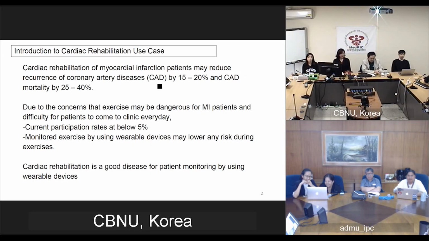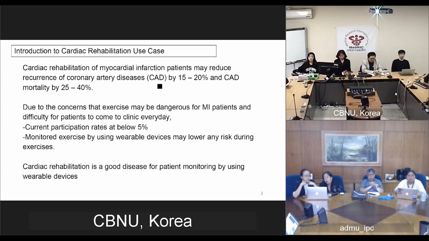However, due to concerns that exercise may be dangerous for MI patients and the difficulty for the patient to come to the hospital every day, which they are supposed to, the current participation rate is below 5%.